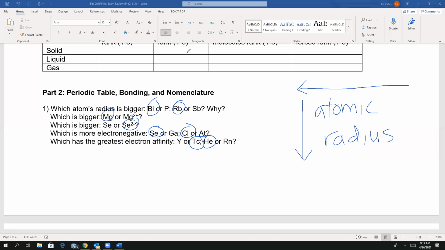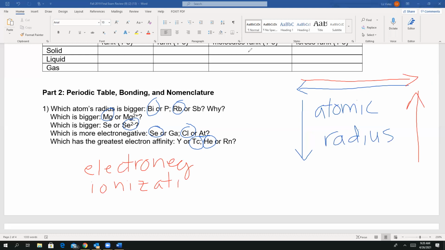All the others, and I mean all the others, are going to increase this way, okay? That's going to be electronegativity, ionization energy, and, lazy, but I might as well write it down, electron affinity.